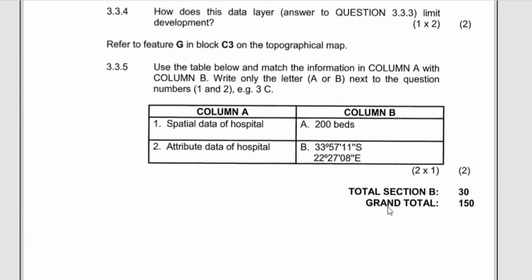So spatial data is B. This is location, information on the location of a feature in terms of coordinates, our lines of latitude and lines of longitude. And then attribute data of hospital automatically is A. This is descriptive. It gives further details about a geographical feature. So basically, that is how you can answer those questions.